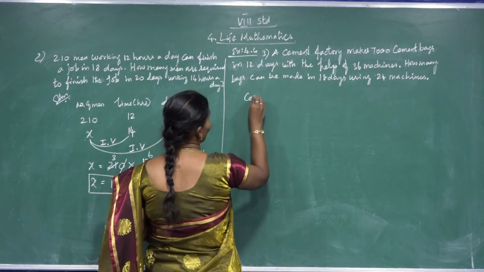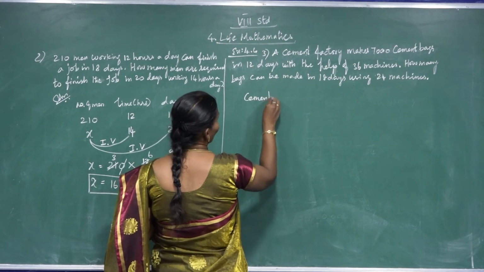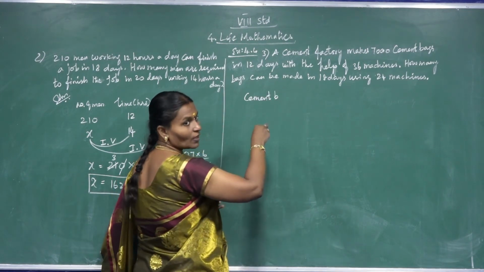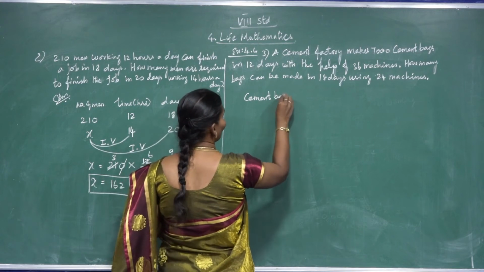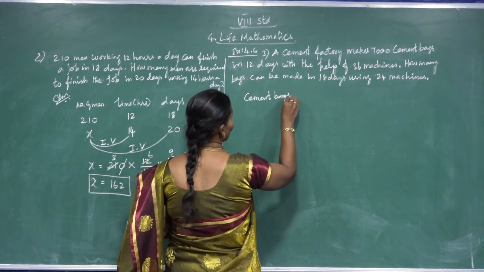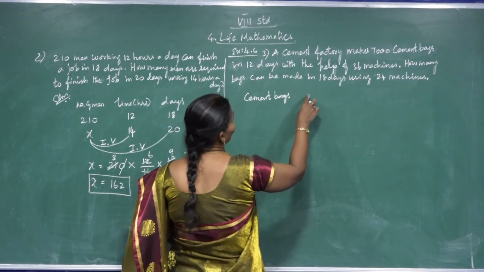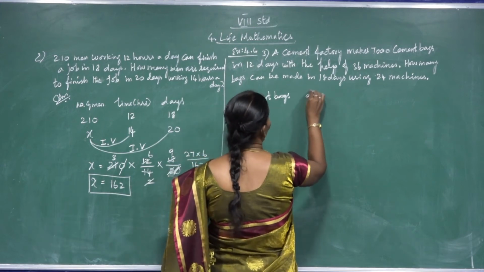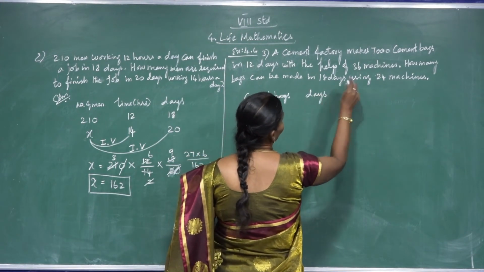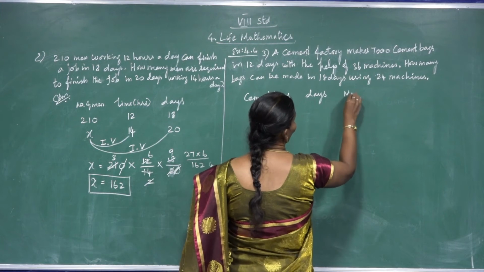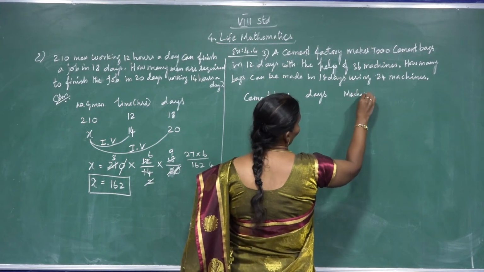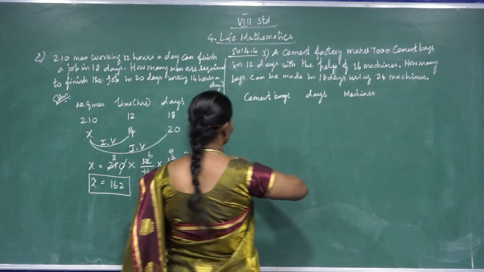First, cement bags. This is also a compound variation sum. The first heading is cement bags, the next one is days, and the third one is the number of machines.